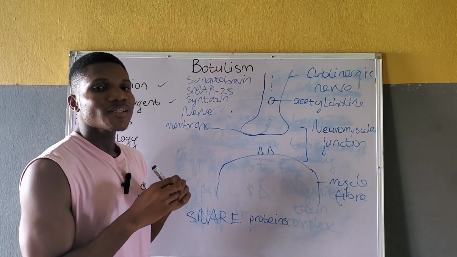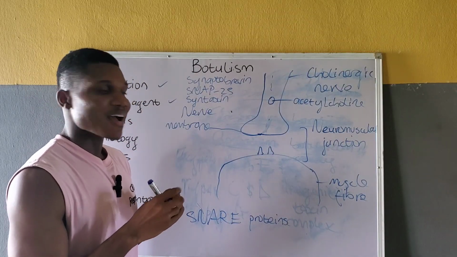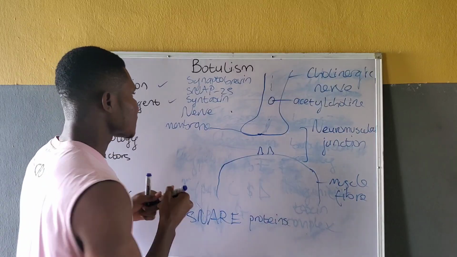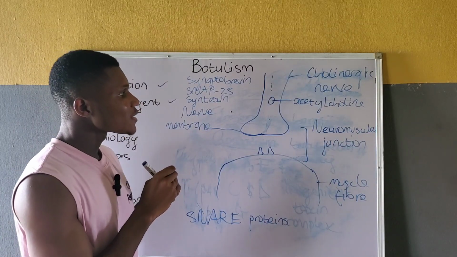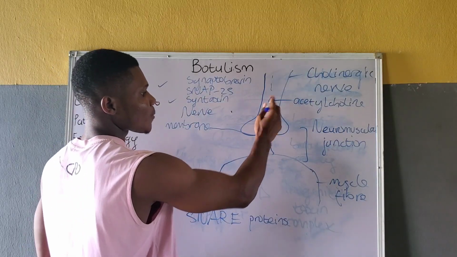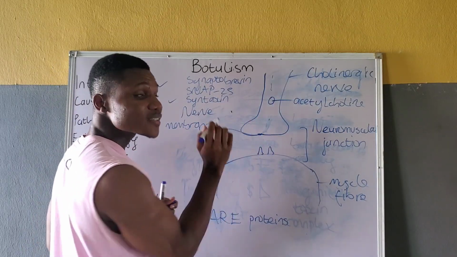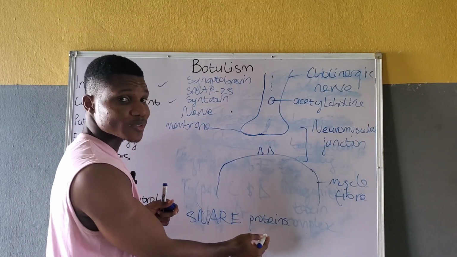But when the botulinum toxin affects this process, the botulinum neurotoxin prevents acetylcholine from binding to the nerve membrane. It does that by inhibiting the SNARE proteins.